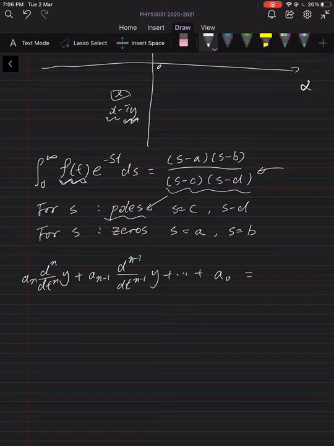So suppose this is a system. This is a differential equation that governs the motion of y. But also you can have some external force.